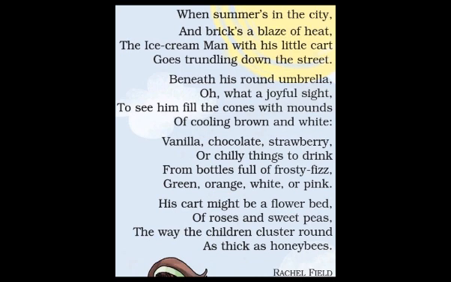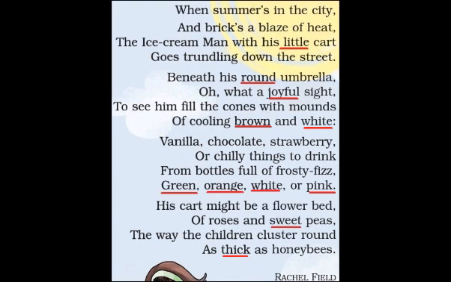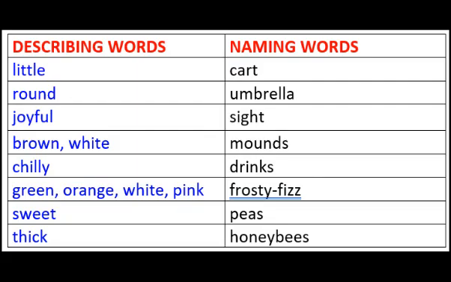Now let us look into the poem Ice Cream Man and underline all the describing words in it. Little cart. Little is describing the size of the cart. So little is the describing word. Round umbrella. Round is the describing word describing the shape of the umbrella. Joyful sight. Joyful is the describing word describing the feeling. Brown and white are the describing words describing the colors of the mounts.